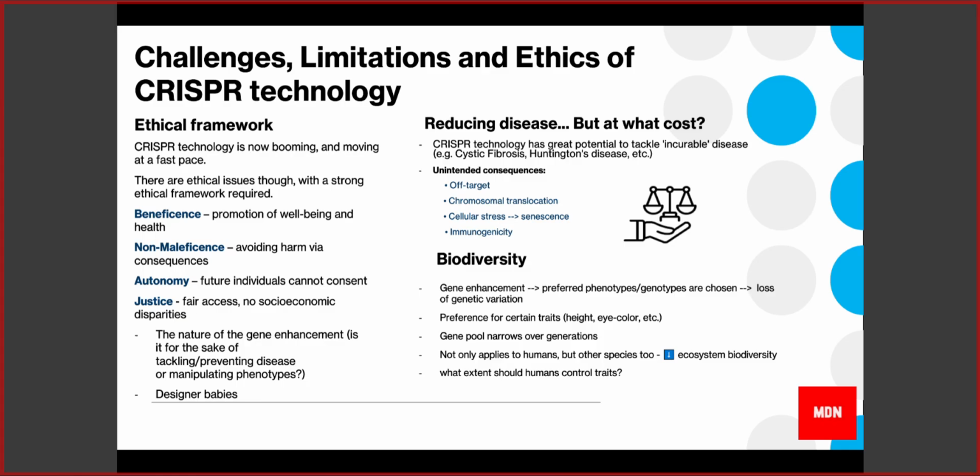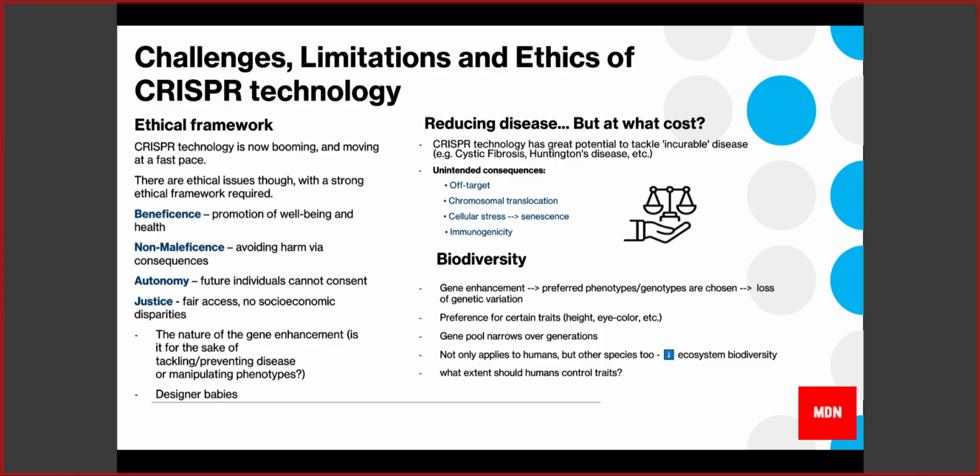And then the last point is biodiversity, which is both a limitation and a challenge. Biodiversity can be affected by gene enhancement. Because certain phenotypes and genotypes are chosen and preferred, a loss of genetic variation may occur. This is because certain traits might be preferred, such as height, eye color.